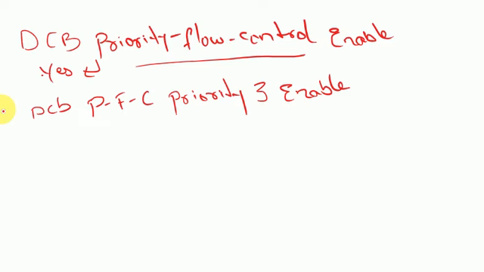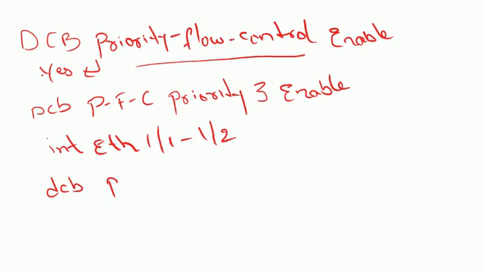Okay, and we should go to the interface Ethernet. Let's say we have 1/1 and 1/2. And again DCB priority flow control mode on force.